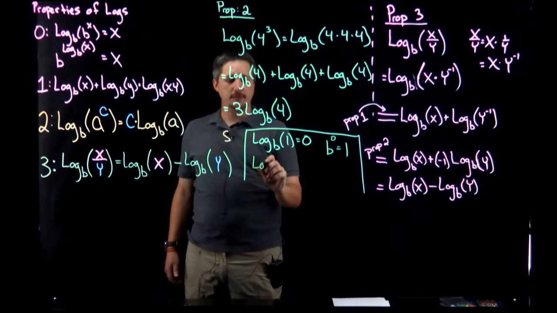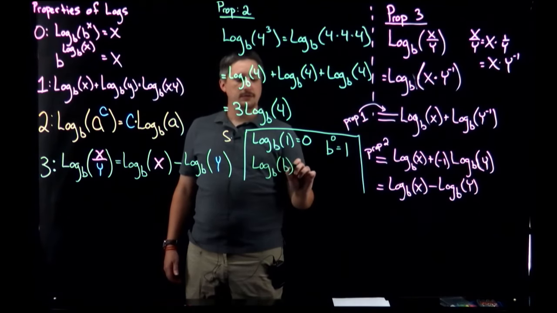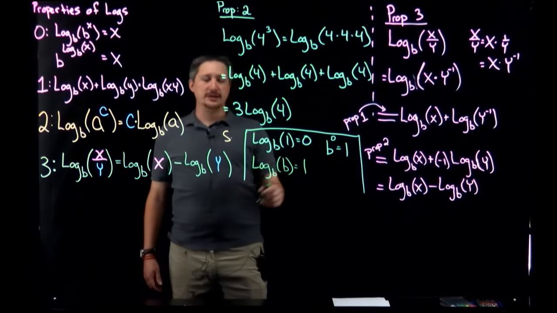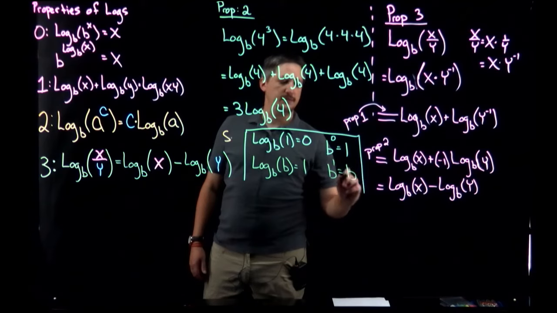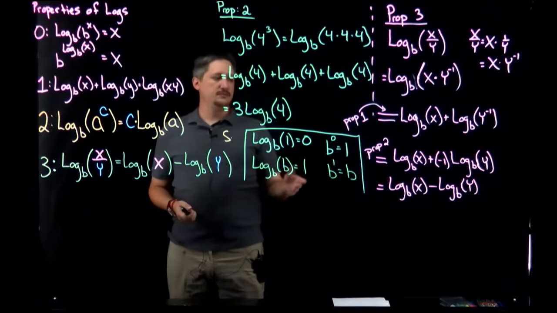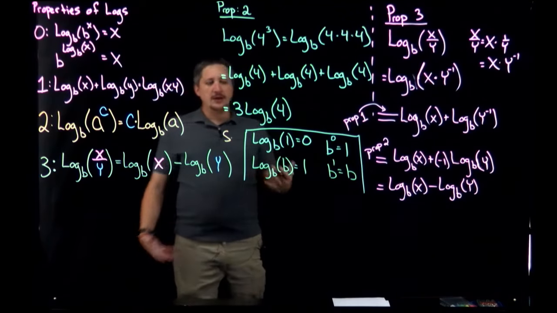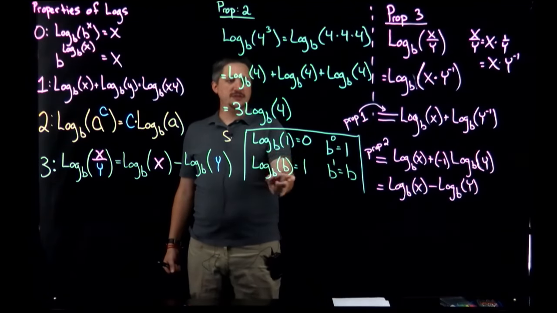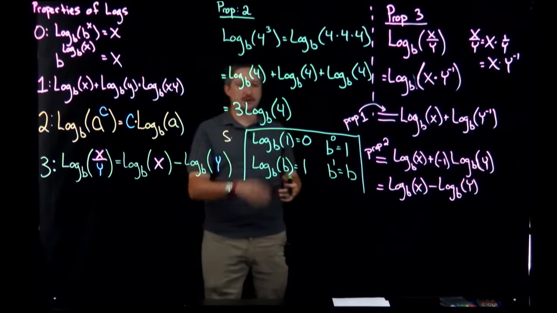Similarly, log base b of b is 1. And again, if we look at the exponential form of this, this is saying b to the 1 is b. And again, this is true for any real number b that we're going to use. So these are the exponential form versus the logarithmic form.